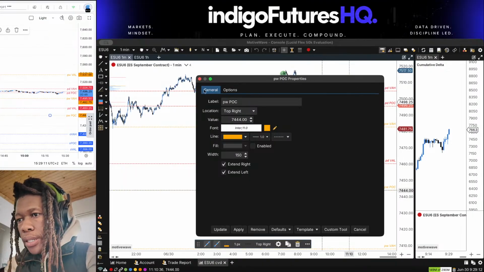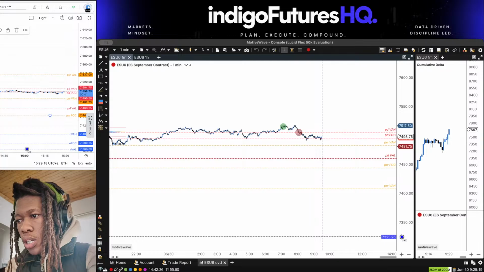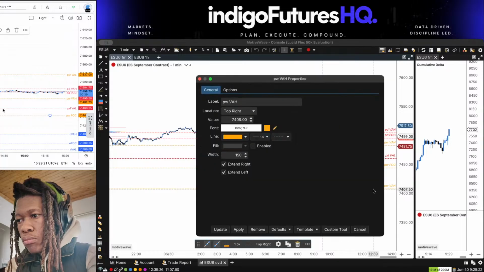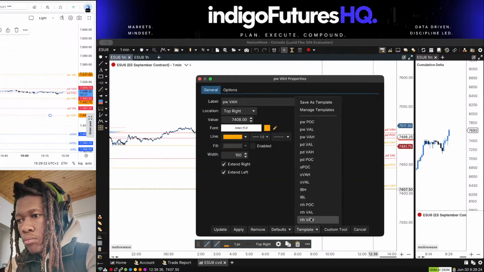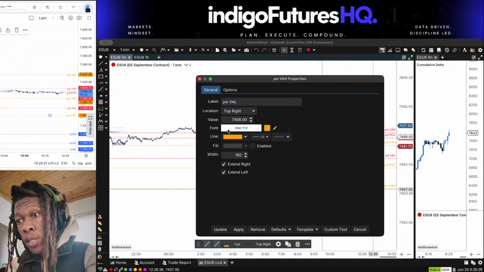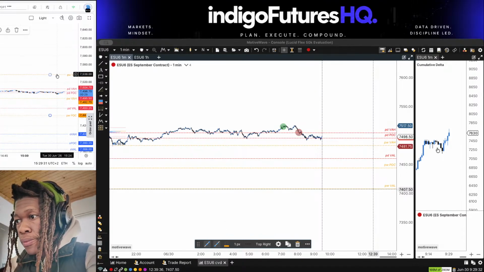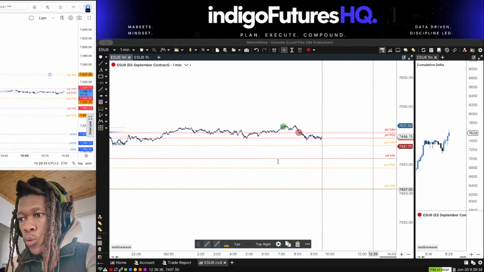And I think this is supposed to be our previous week value area low, 408.